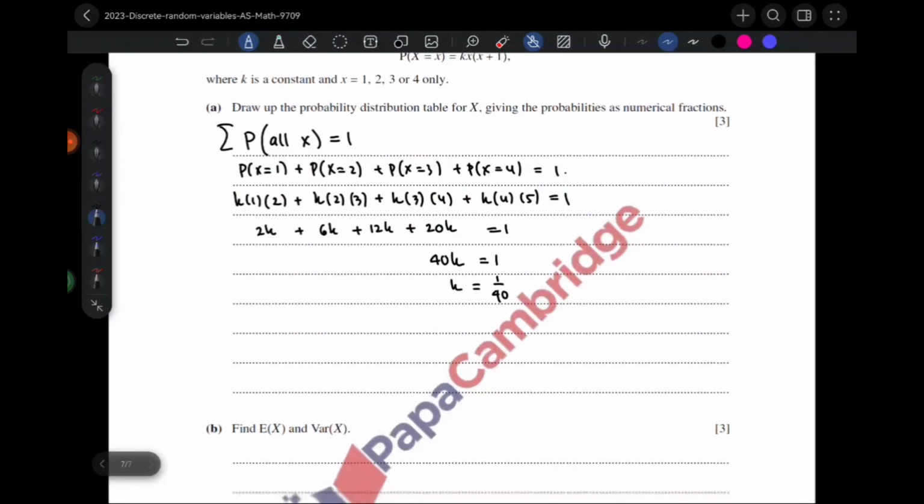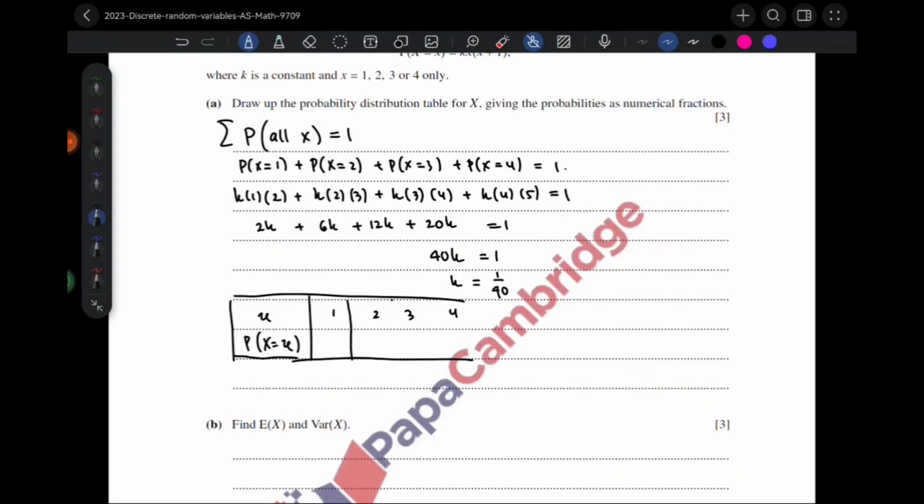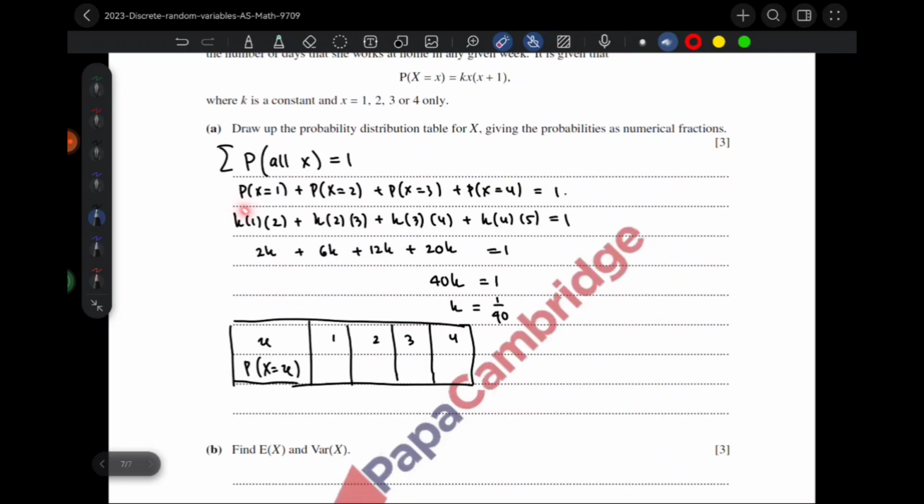Okay, and then I'm gonna draw the probability distribution. I write like this: X, and probability X equals x. Okay, like this. Have 1, 2, 3, and 4. For probability X equals 1, I'm gonna substitute k, so we have 2 over 40.